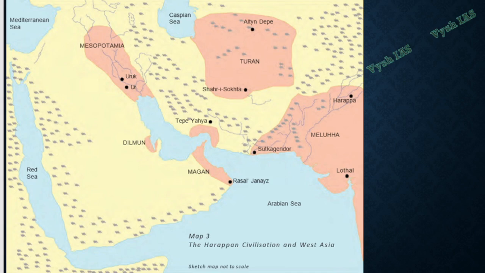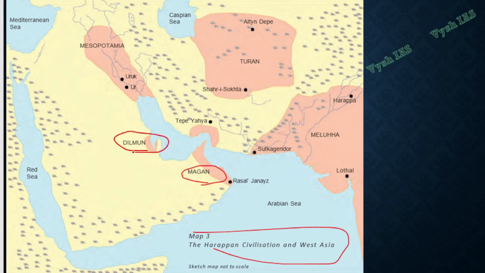Now look at this map. It is showing the places with which the Harappans possibly had trade relations. Harappan civilization and West Asia. So I told you Magan is present day Oman. Dilmun is present day Bahrain. Mesopotamia is the Iraq region.